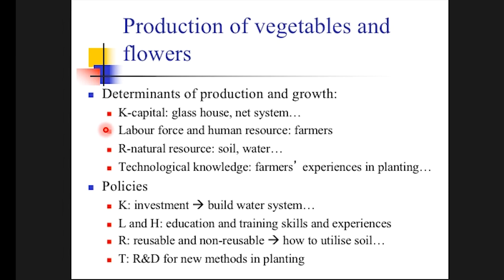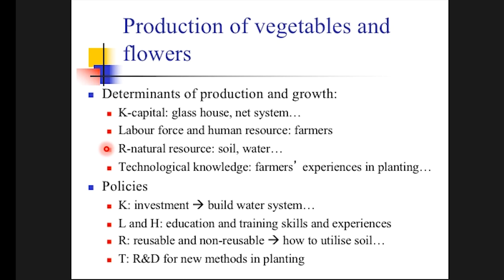The labor force and human resource in this production is the farmer. Remember that we do not list just worker or labor, because labor is the general determinant. In the detail, you must list exactly what kind of labor. So for the production of vegetables and flowers, we need farmers, not workers or teachers.